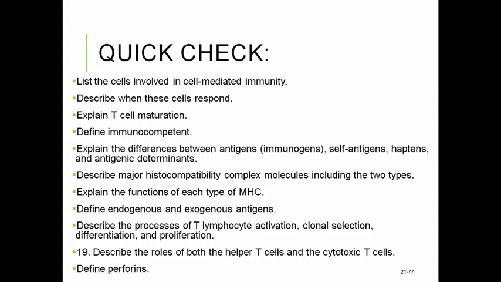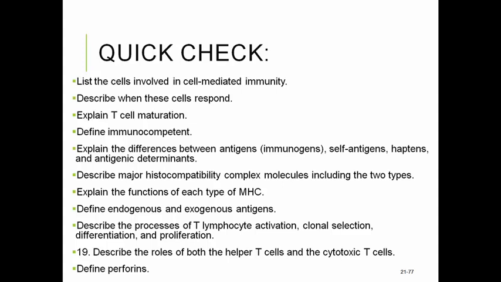The differences between antigens or the immunogens, self-antigens, haptens, and antigenic determinants. So we've already said antigens are anything that are non-self that can cause an immune reaction. Our self-antigens are our MHC proteins that mark our cells like ID tags. And then we said the small, not as large of an antigen, but there are small pathogenic substances like pet dander, detergents, cosmetic products.